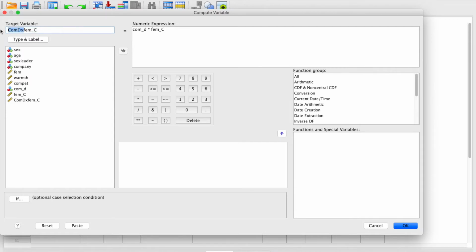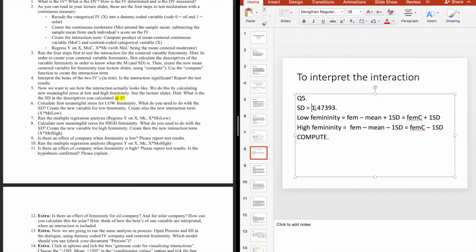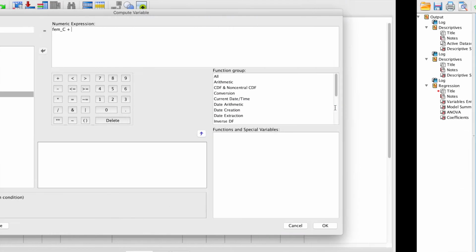Okay, femininity low. We use this femininity plus 1 SD. What is SD? We got it, 1.73393.